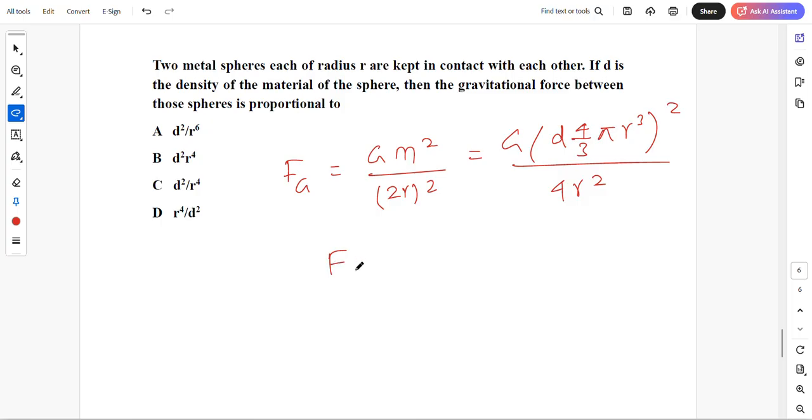So Fg is proportional to d square, r to the power of 6 minus r to the power of 2, r to the power of 4. Fg is proportional to d square r to the power of 4.